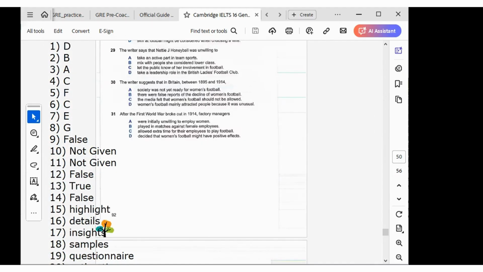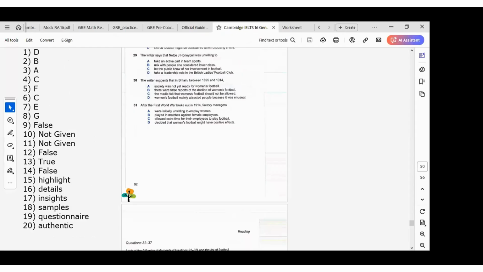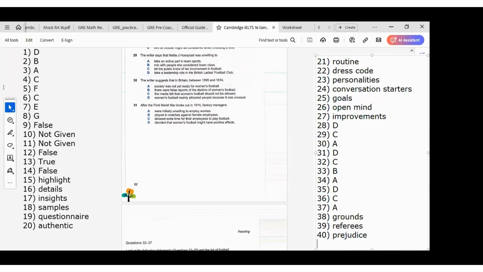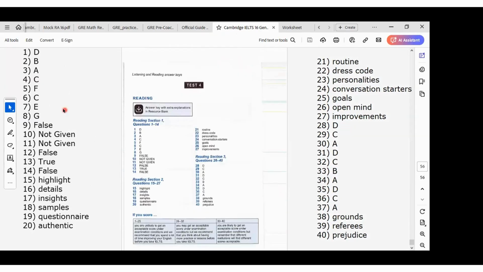Let me post the remaining. Okay, this is 1 to 20, and then 21 to 40. Okay, so let's check the answers at the back of the book.